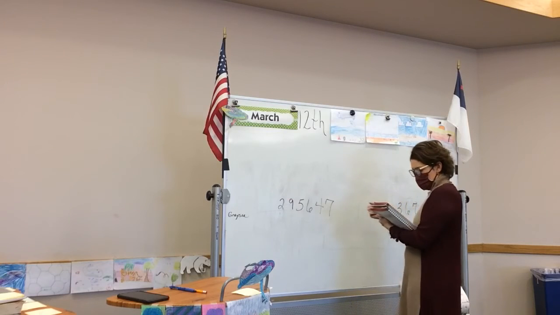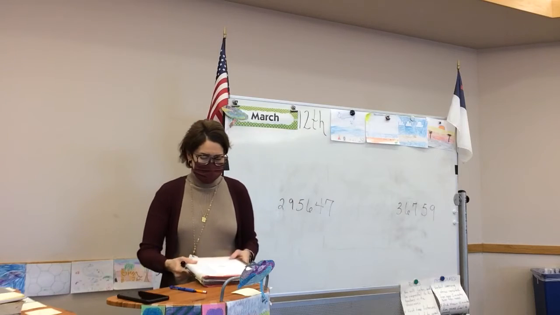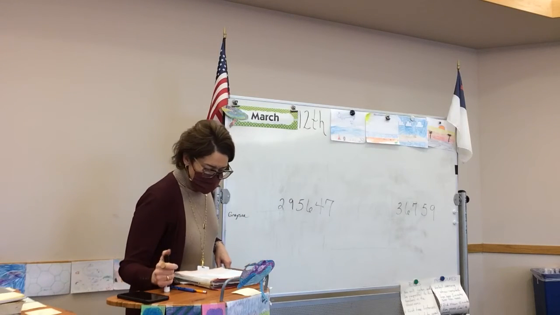So what I want you to do is circle, add commas, and circle the 10,000ths place.